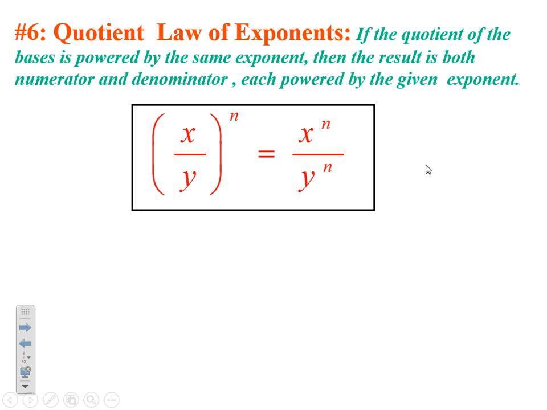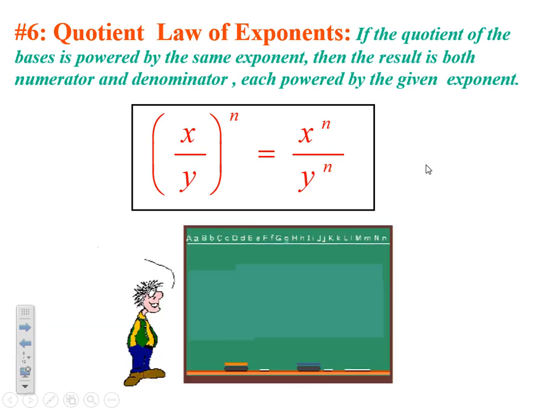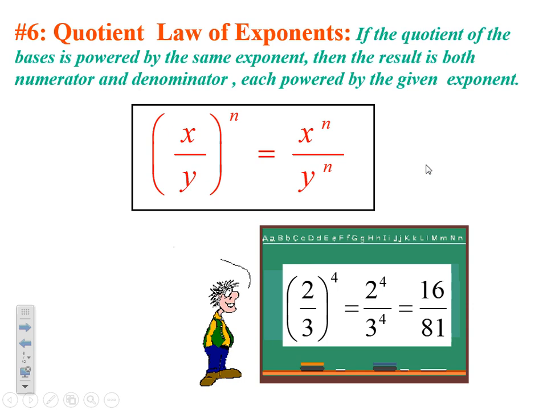If I have the quantity x divided by y to the nth power, it's going to equal x to the n divided by y to the nth power. Example of this is going to be the quantity 2/3 to the 4th power. So 2 to the 4th and 3 to the 4th. The 4th power goes to both of these now.